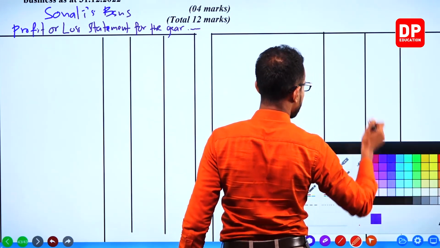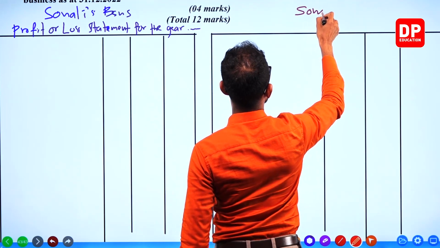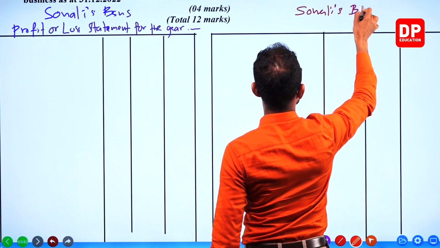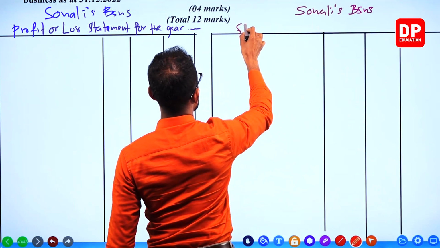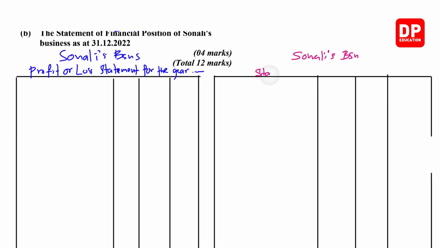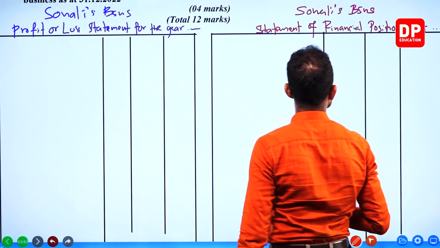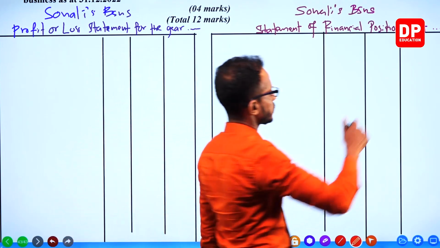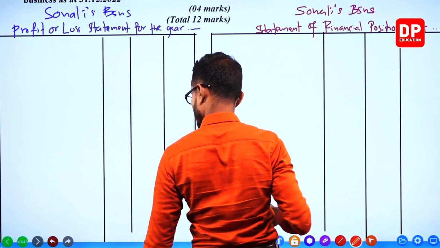This side we have Sonali's business statement of financial position, assets, and you put the date, 31st.